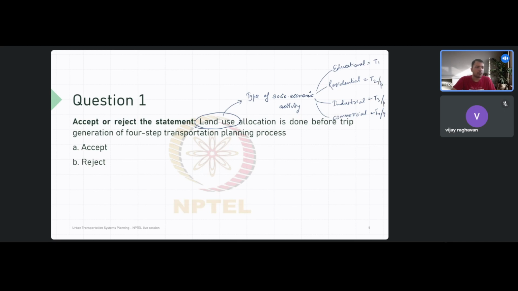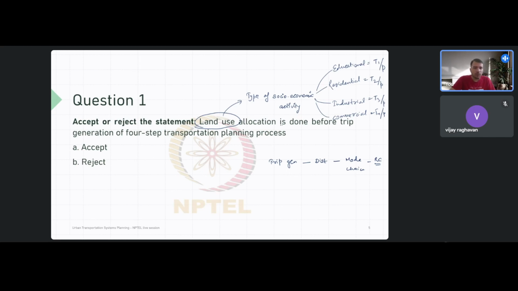So per person from these land uses, this many trips will be made. So once we know the land use, we can determine trip generation, then we can determine distribution, then mode choice, and then finally we can make route choice. So firstly, we need to have the land use.